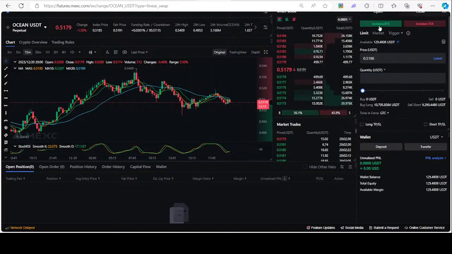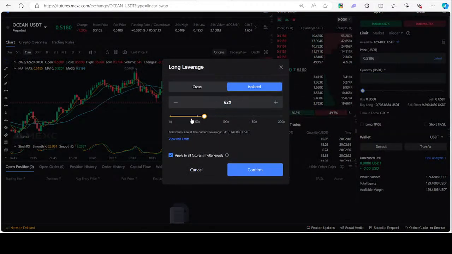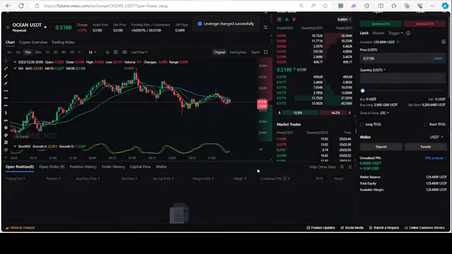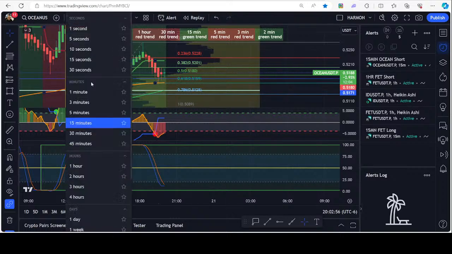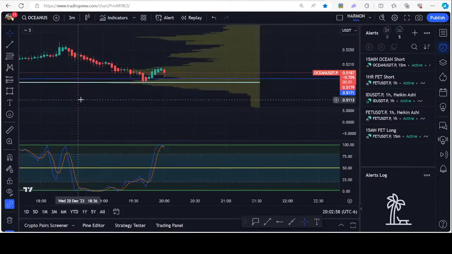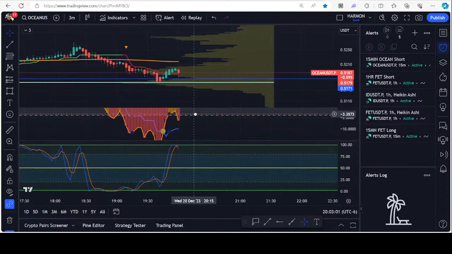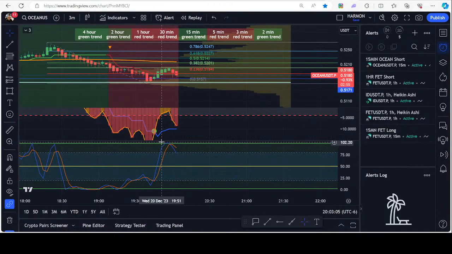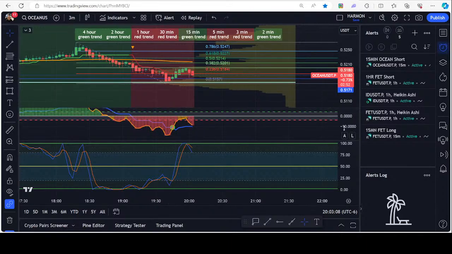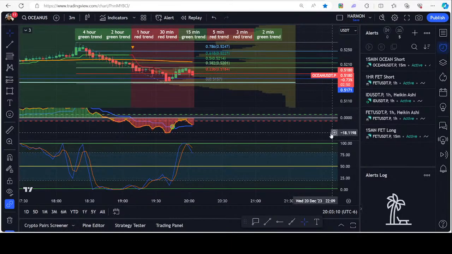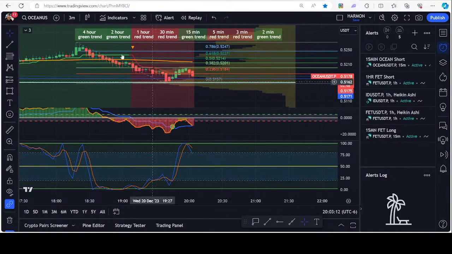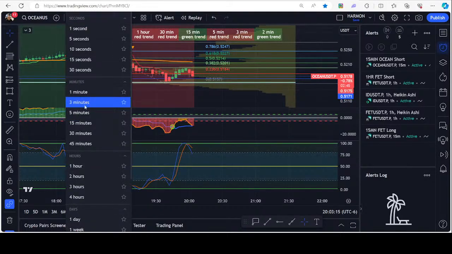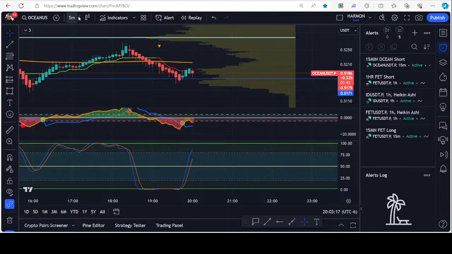So let's see here. 30x. 15-minute, 3-minute. Now, because I do have my 3-minute breaking down here, heading for my 3-minute moon, should have that pull right there. 5-minute headed down.